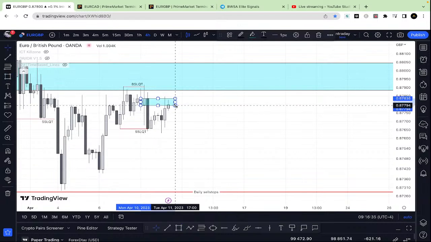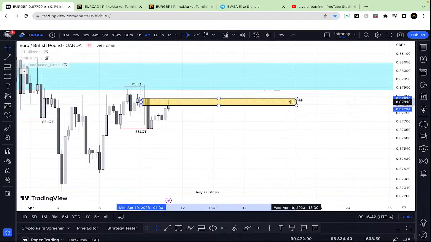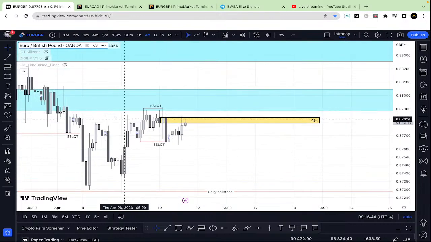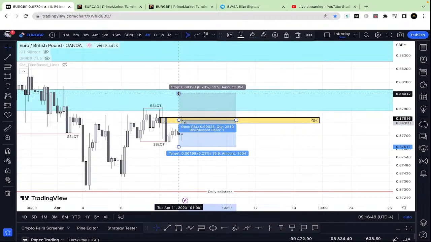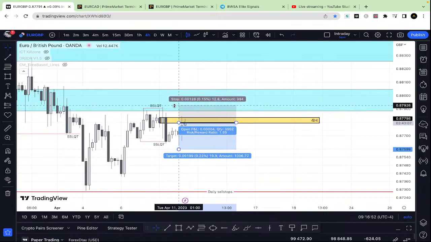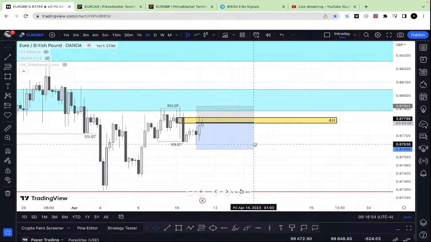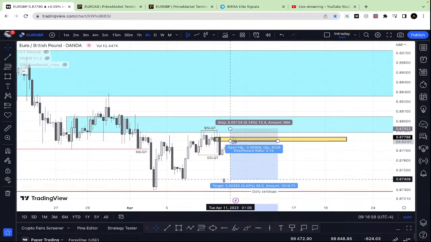I will wait for just a little bit more price action, a little bit more weakness to this candle. But once I do see a bearish candle close somewhere, then I would be good to sell this. There's just so much context for this trade. We've traded above a short-term high and everything.